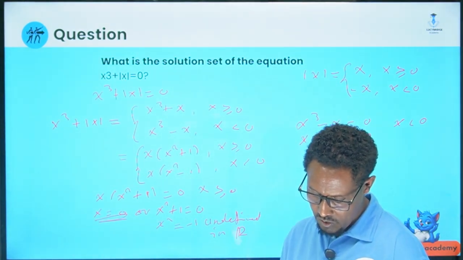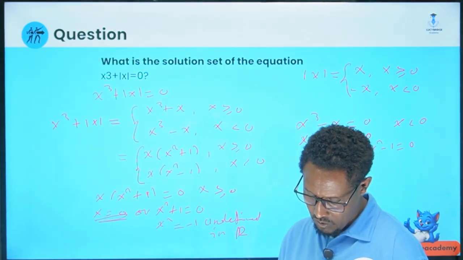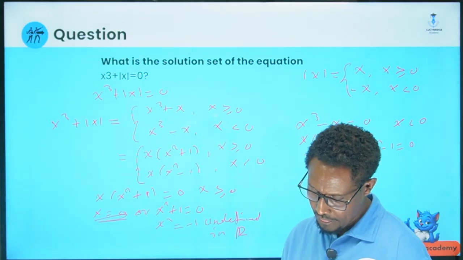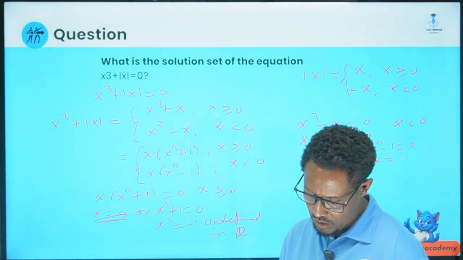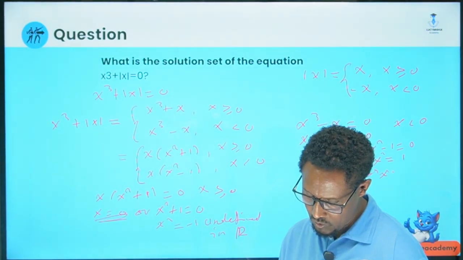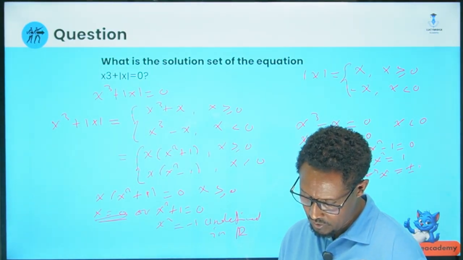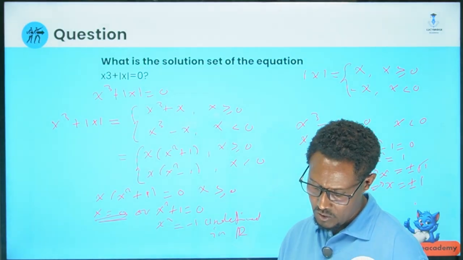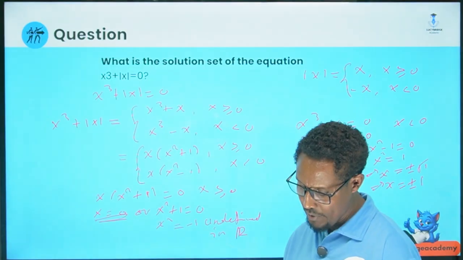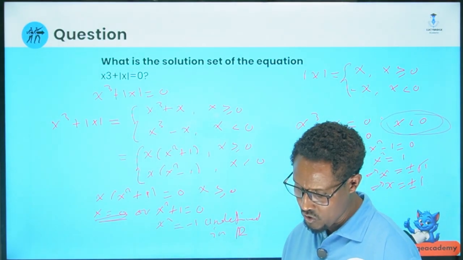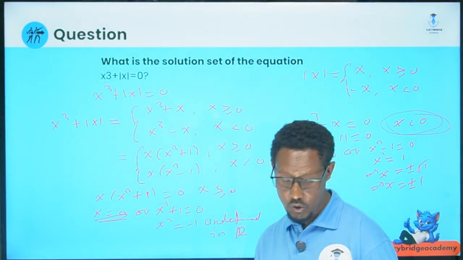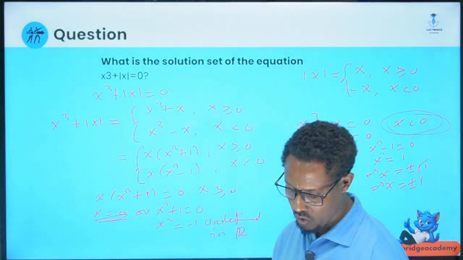This means x is equal to 0, or x square minus 1 is equal to 0. This means x square is equal to 1, which implies x is equal to plus or minus the square root of 1, so x is equal to plus or minus 1. But our domain is x less than 0, therefore 1 cannot be a solution.